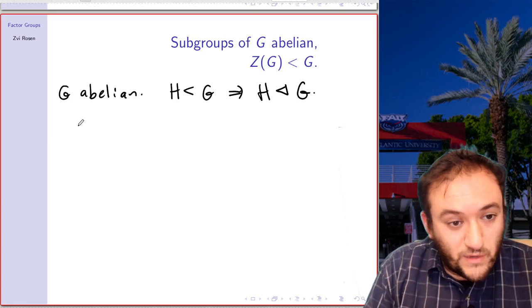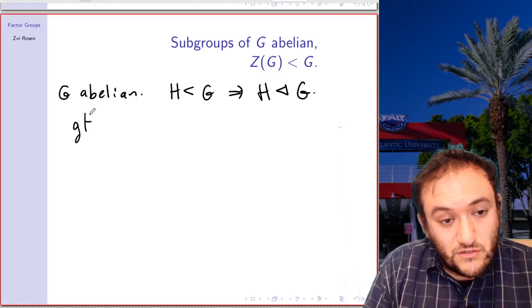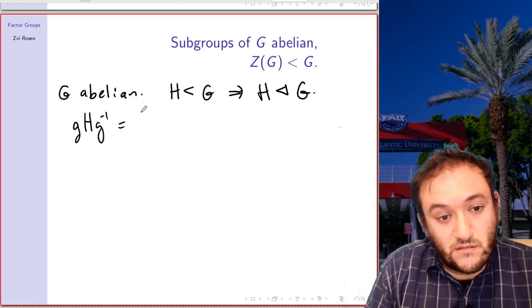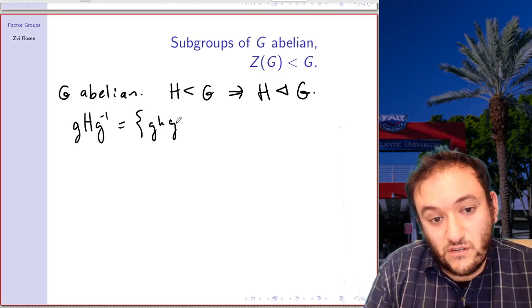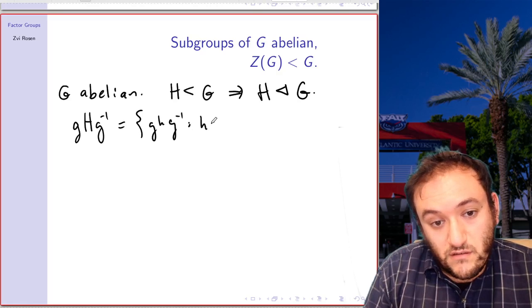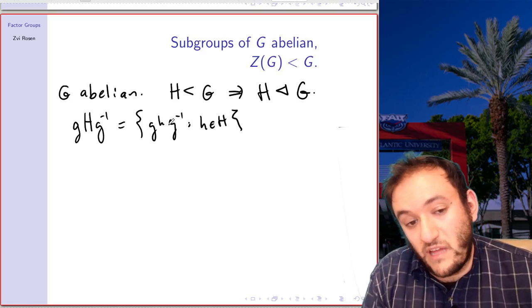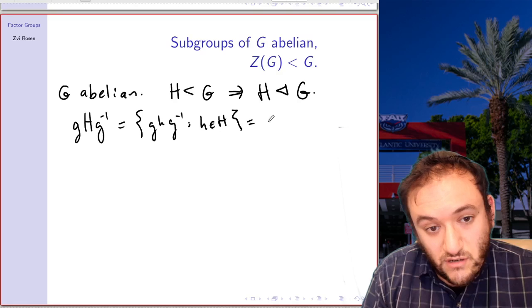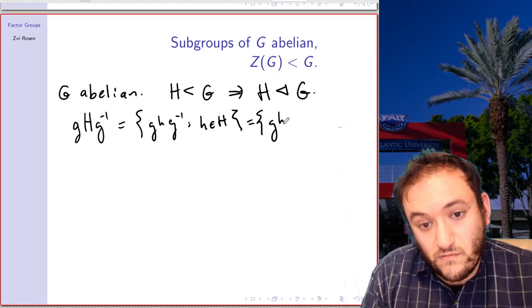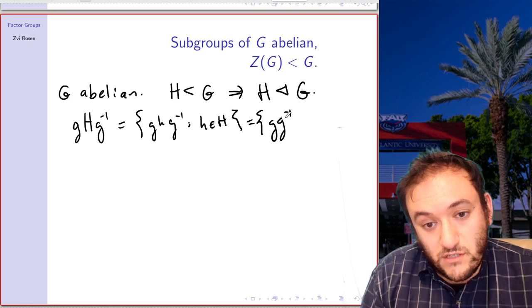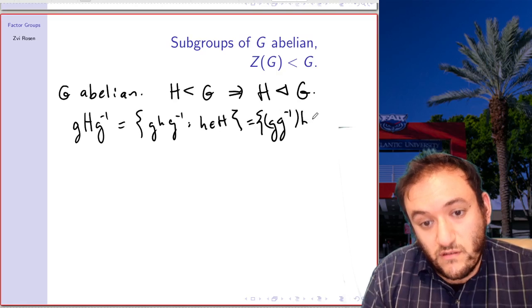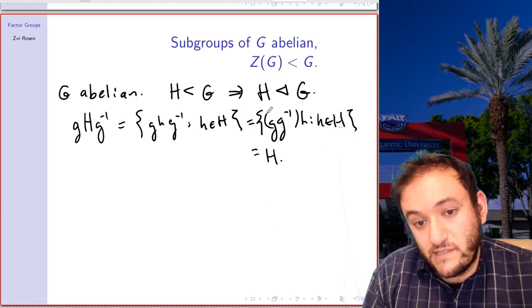The reason being quite simple: G H G inverse is the set of g h g inverse for h in H. But this is an abelian group, so you can flip-flop the G inverse and the h. So it is g inverse g times h for h in H. And that's just H, right? Because this gives you the identity.